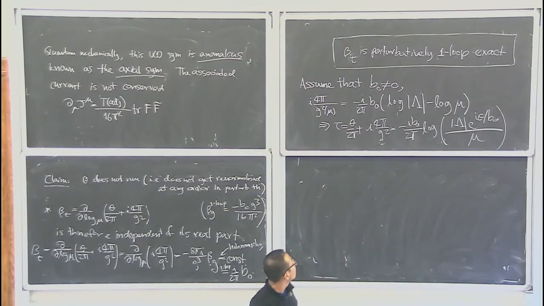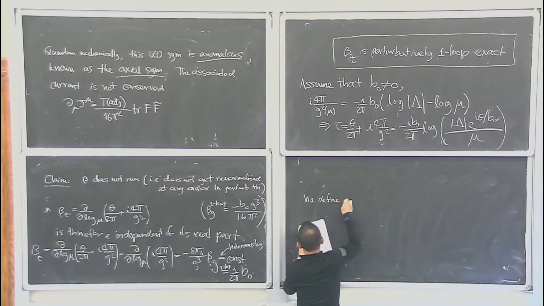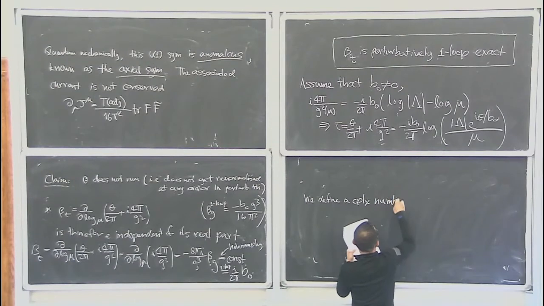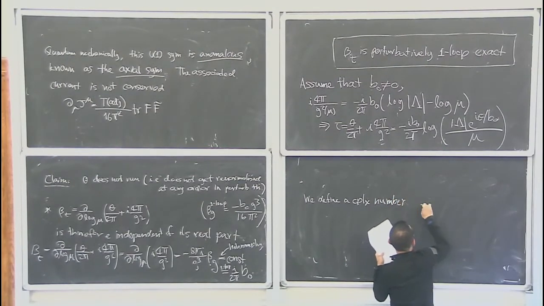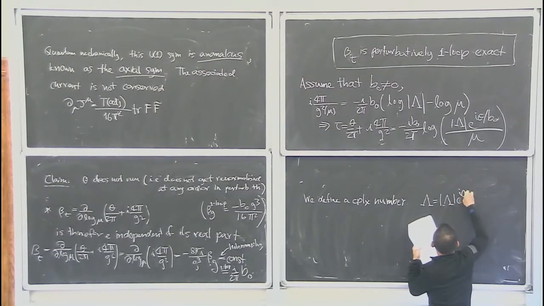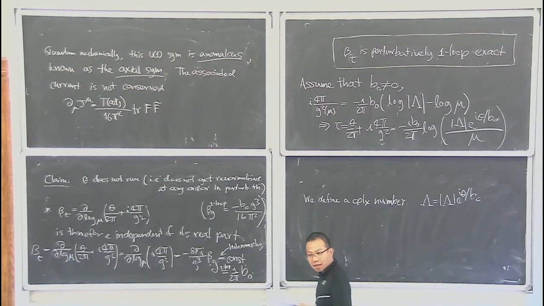All right. We define a complex number lambda equal to mod lambda e to the i theta over beta_0, okay?